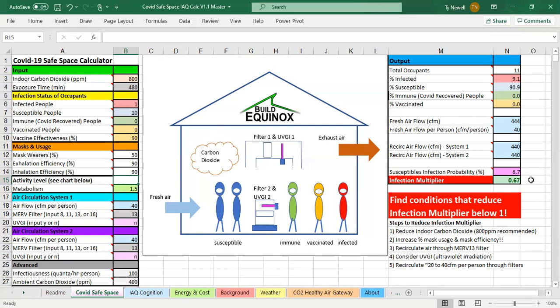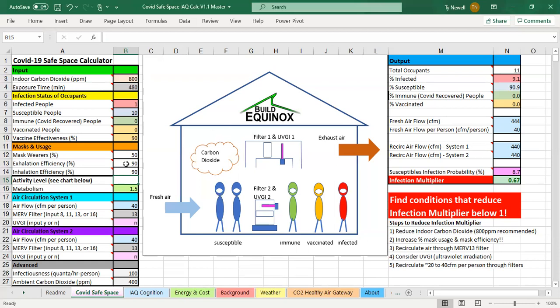We've hit an infection multiplier of 1. And the further we go below 1, the more resilient this space is to virus variants, the more resilient this space is as you have more or fewer people added to the space or you spend more or less time in it, and the faster the disease dies out in your community. The smaller this number is, the faster the disease dies out.